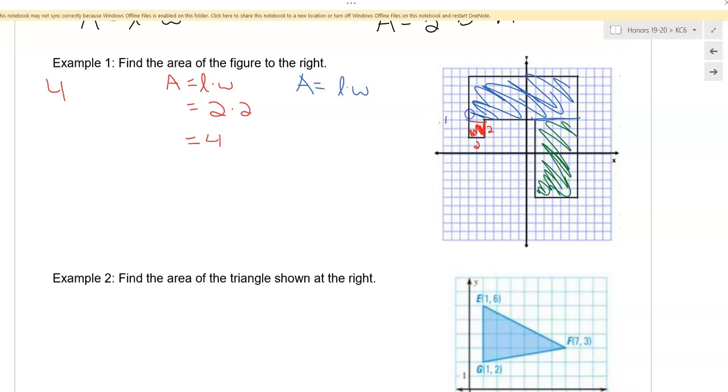If I count 1, 2, 3, 4, 5, and 1, 2, 3, 4, 5, 6, 7, 8, 9, 10, 11, 12, 13. So we get 5 times 13, and 5 times 13 is 65.